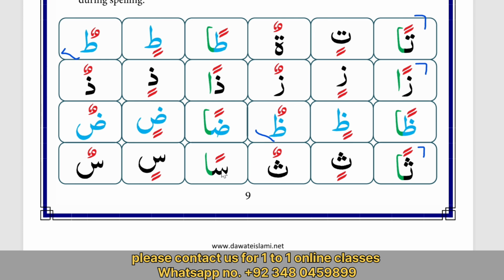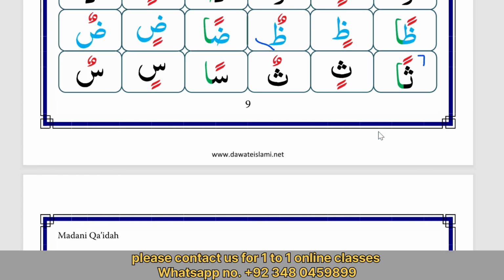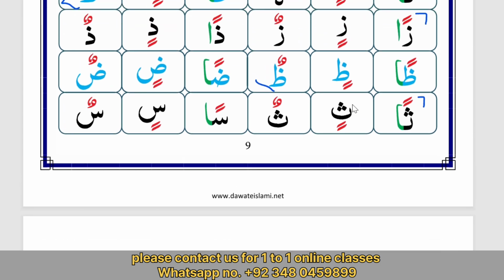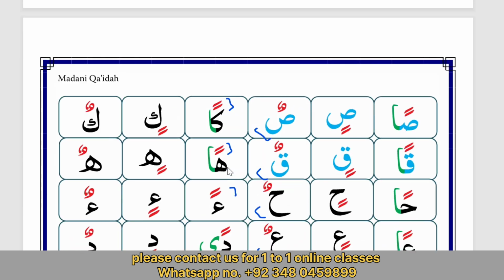Listen to me carefully, and one more thing, make a clear difference between similar sound letters in this lesson. For example, ta, ta, zal, za, wa. Dod and its pair is dal. Make a clear difference between dal and dod. Tha, sin, sod.